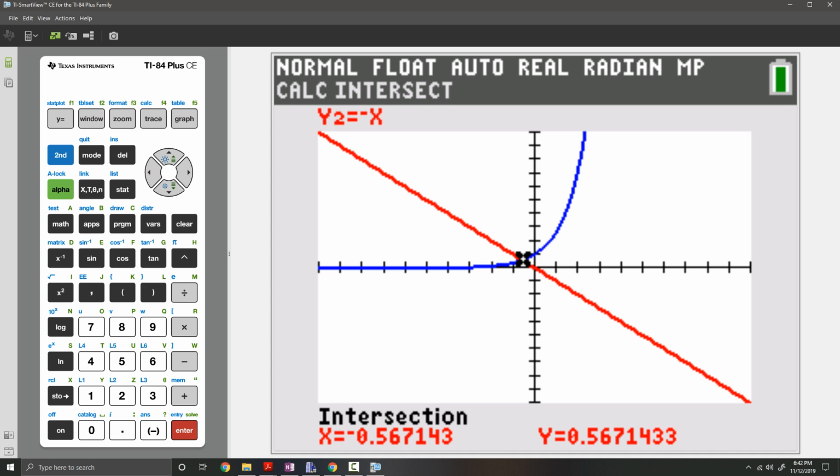So this x value, this negative 0.567143, that is the solution, right? And we only report the x value here because that's what we're trying to solve, right? Solve for x. That's the only variable in the equation. Right, so that's all there is to that first one.